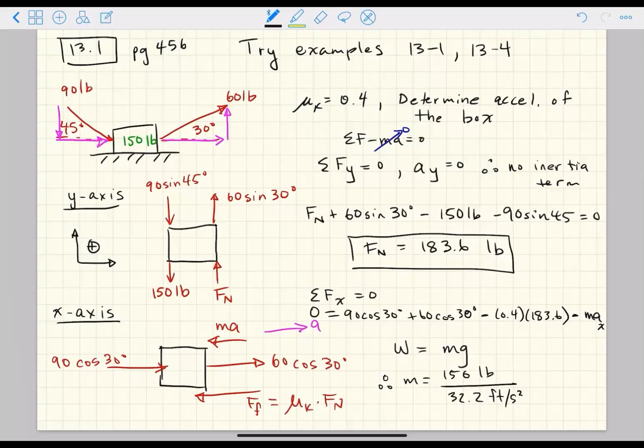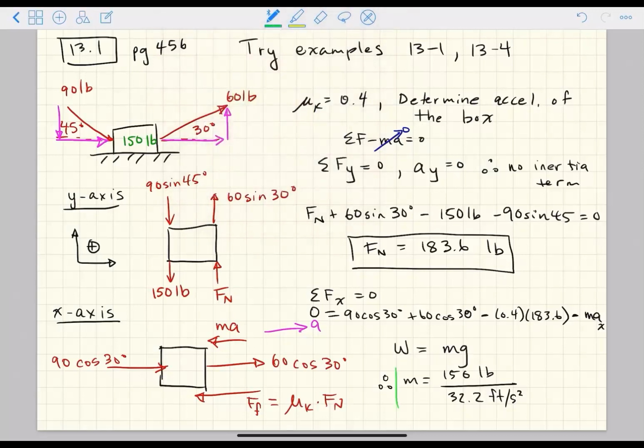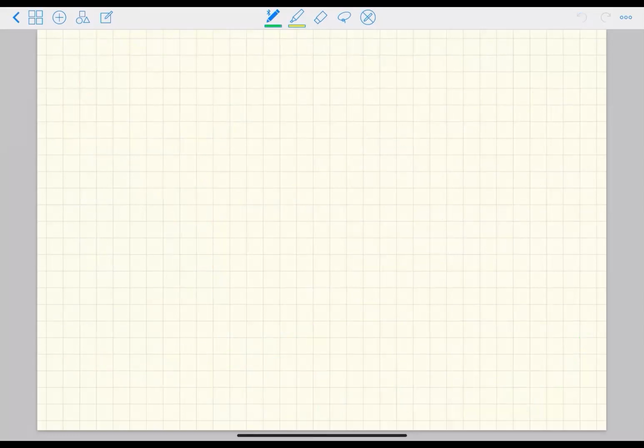So now what can we do? Well, we're going to take this value for m, and we are going to sub it in here. And then we're going to solve for ax. So let's do that. I'm just going to simplify. So 90 cosine 45 is going to give us 63.6 pounds.